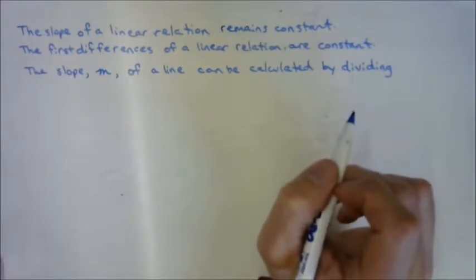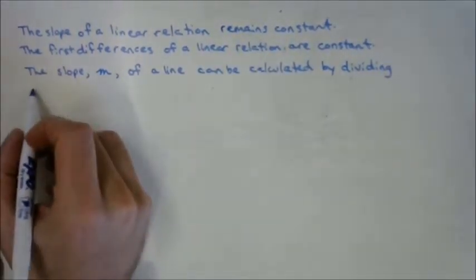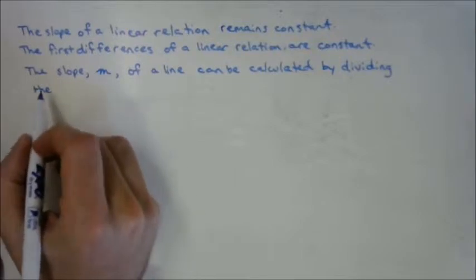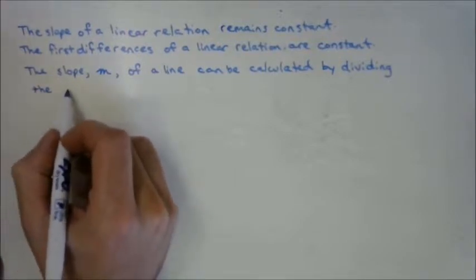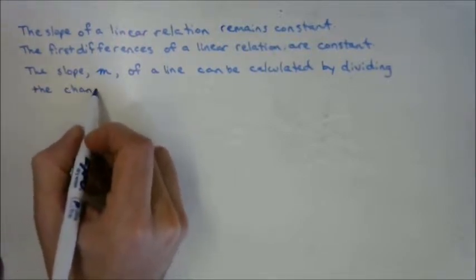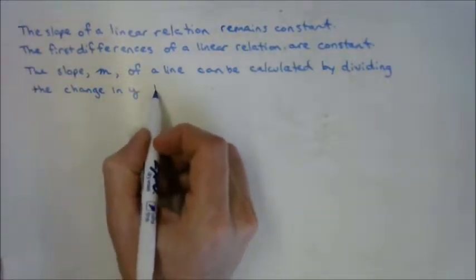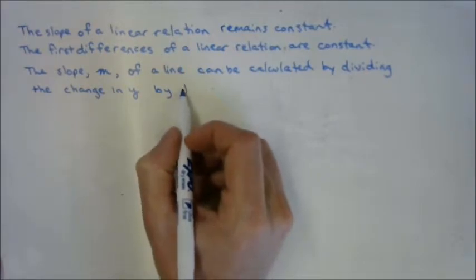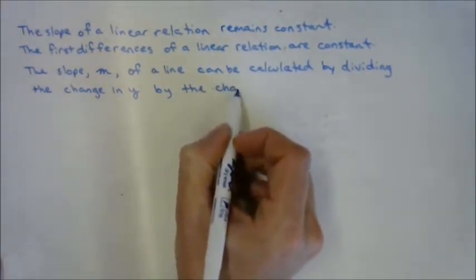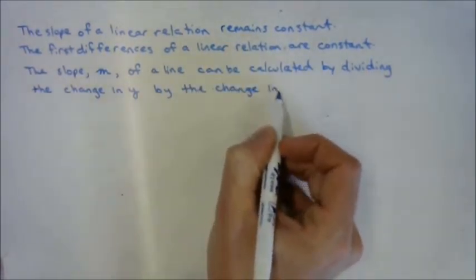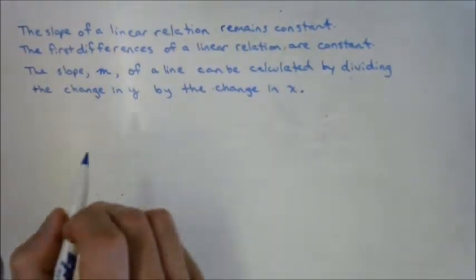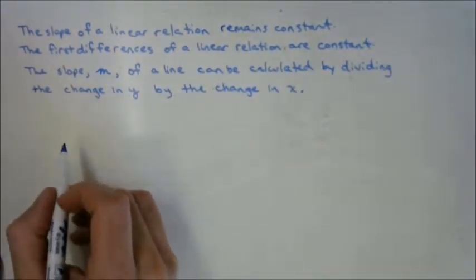What goes in the numerator and what goes in the denominator? Another way to say it: the slope is the change in y over the change in x. This is a good little review lesson, I think.